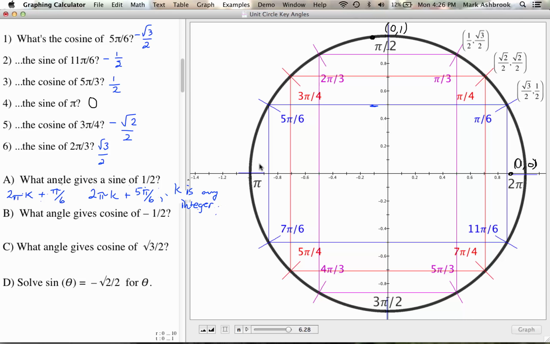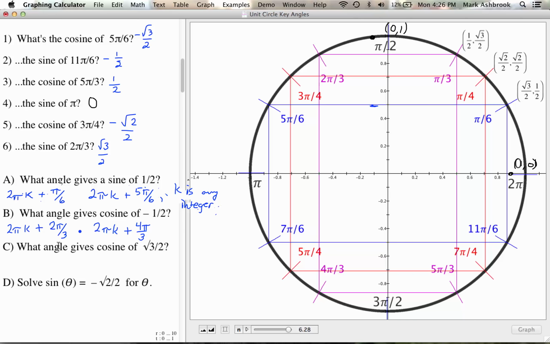But if we allowed any real number to be our angle, then again we could have any number of rotations, positive or negative, plus 2 pi over 3, or any number of rotations, positive or negative, plus 4 pi over 3.